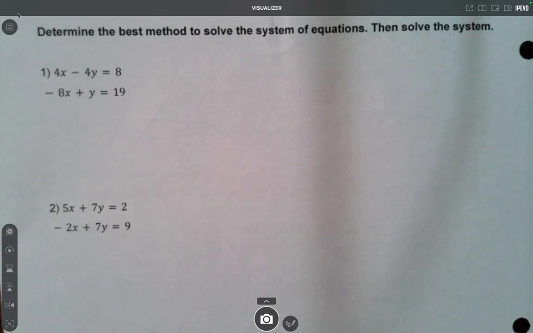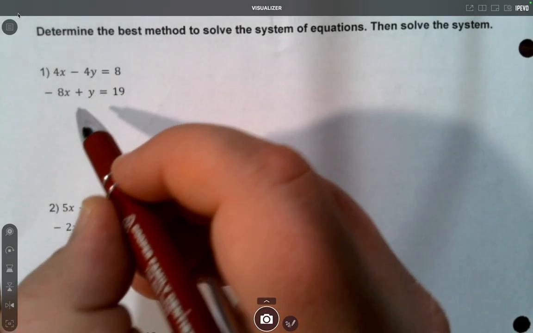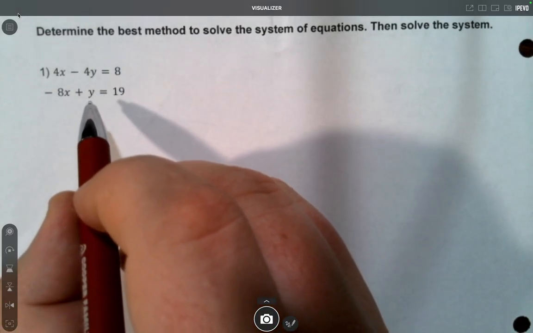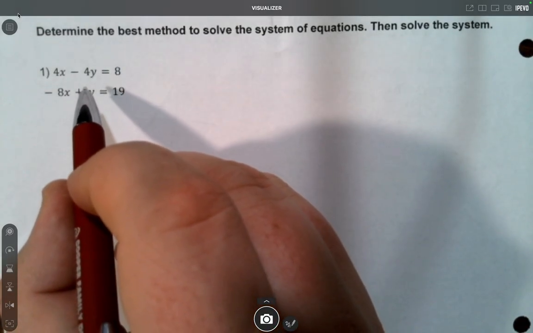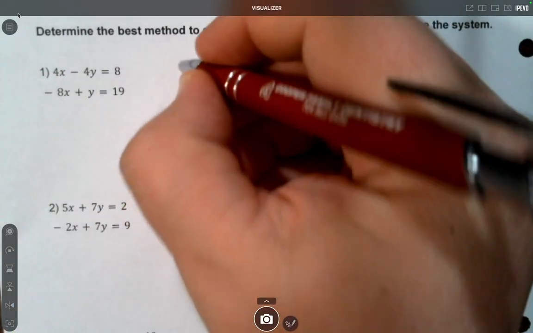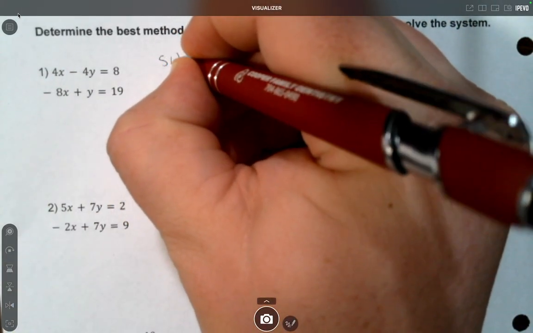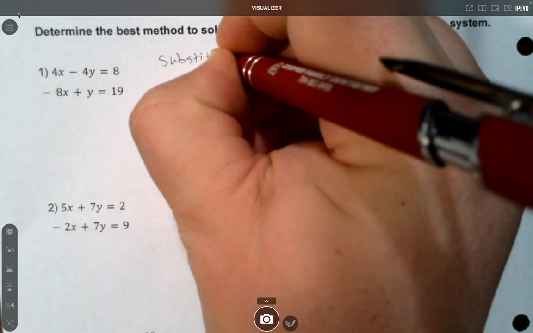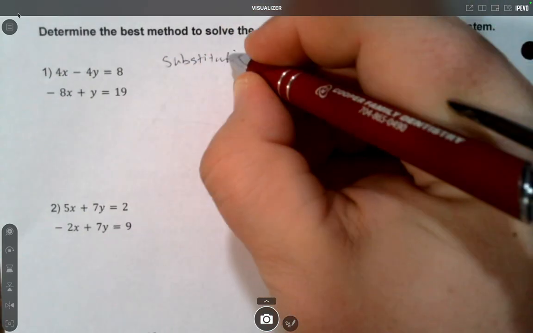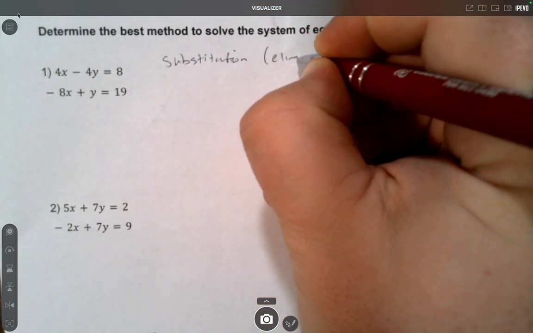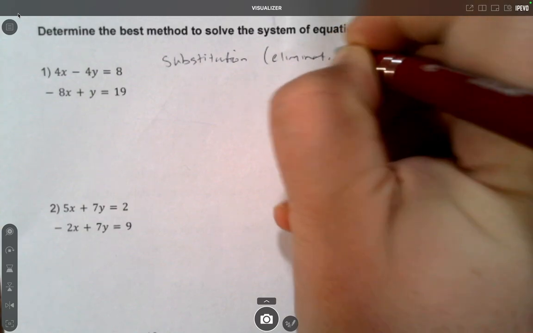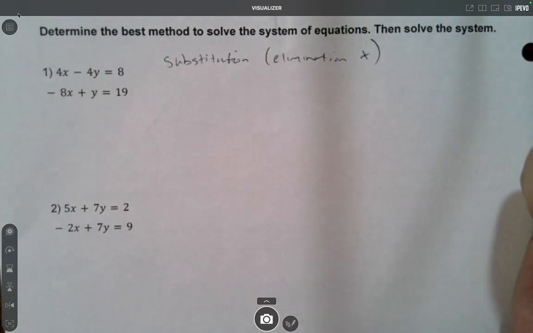This is in that category where they're both in standard form, but one of them has a variable that just has a coefficient of 1. So I'm going to use substitution. But if you were to say elimination using multiplication, I would agree with you completely.